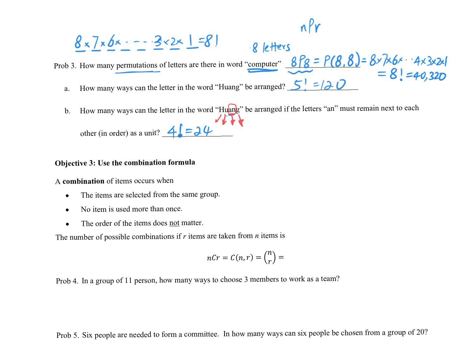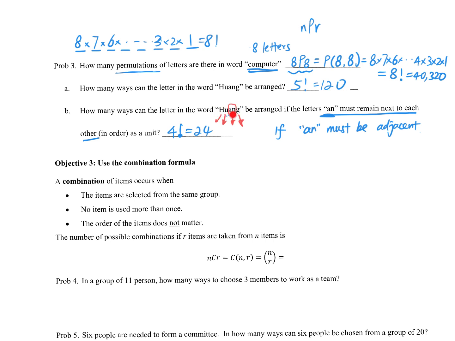Now, what if I change this wording? Say A-N must stay next to each other, but does not have to be in order. In other words, A-N is okay, N-A is okay, but they have to be next to each other. If A-N must be adjacent, not in a certain order, then you simply double it.